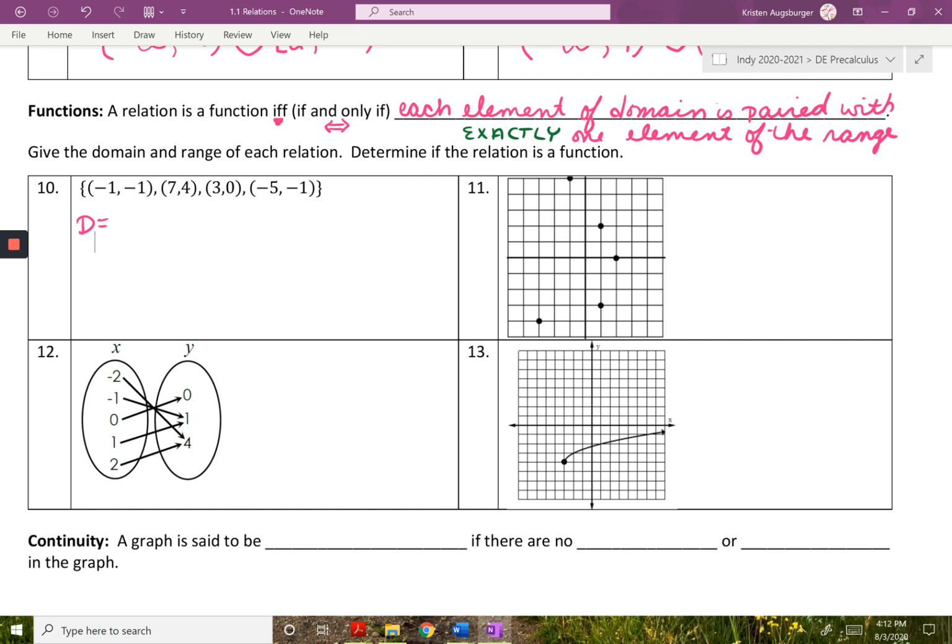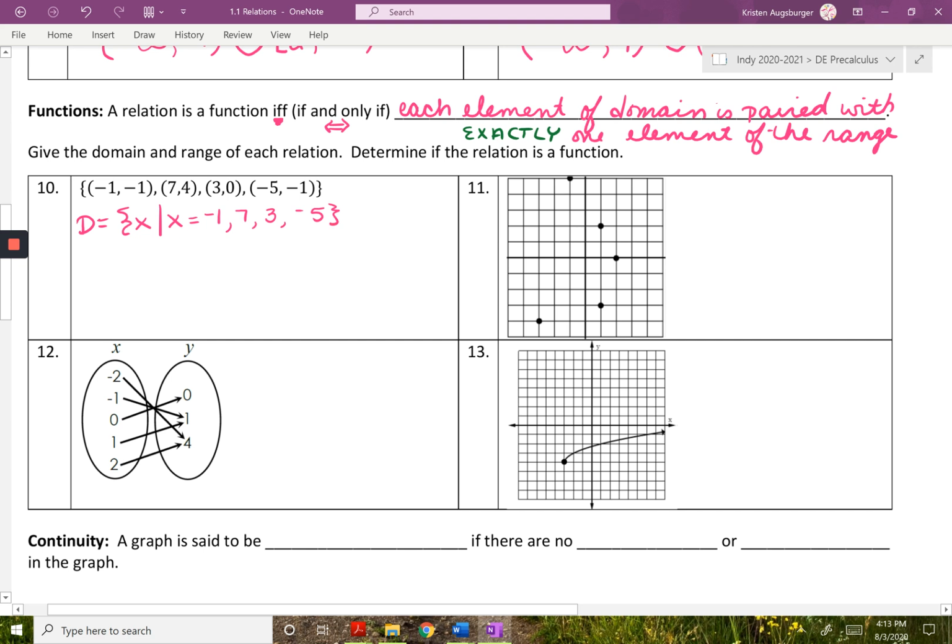Try to think, how would you write the domain on this? The domain is the set of x such that x is -1, 7, 3, or 5.